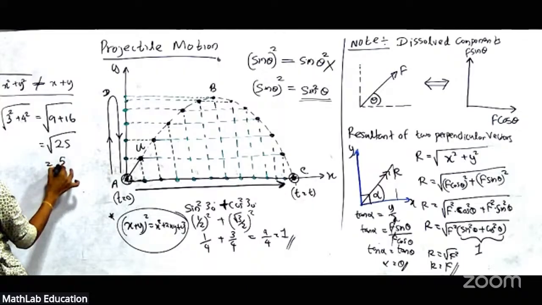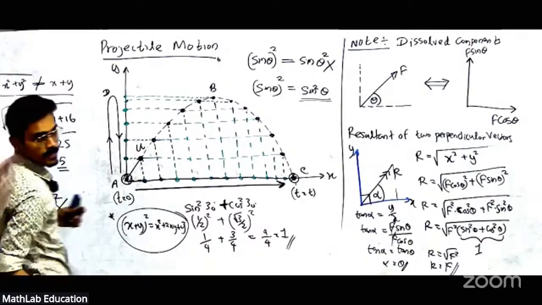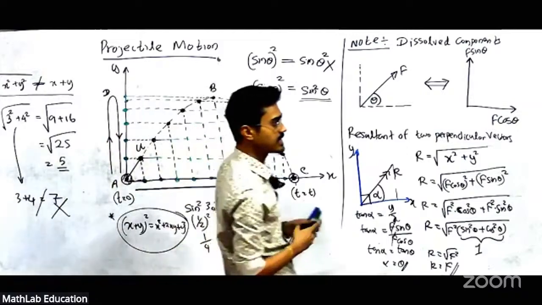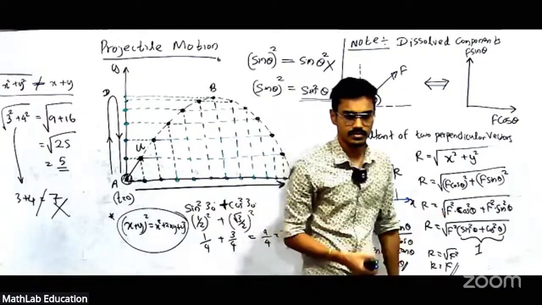So that is going to be 5. Now if you do that, this will be 3 plus 4, that is going to be 7. Wrong. For additions and subtractions, that is not good. For multiplications and divisions, it's doable.